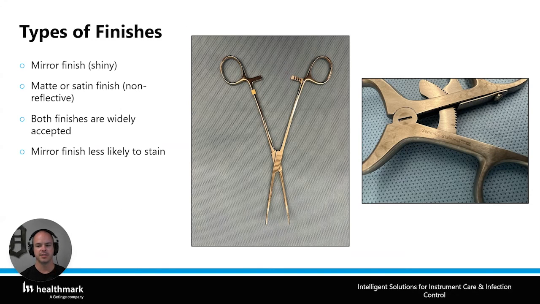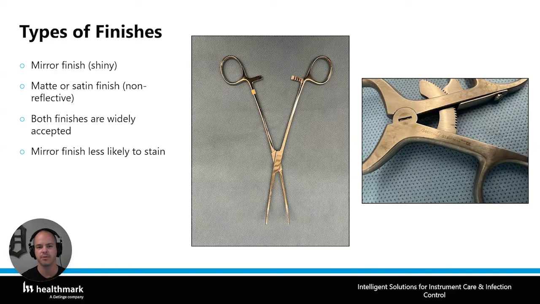So, types of finishes: you might have a mirror finish or shiny. As you can see, this instrument is a little more mirror finish, as opposed to this instrument, which is more of a matte or satin finish. So it's non-reflective, which is a nice property with surgical instruments.